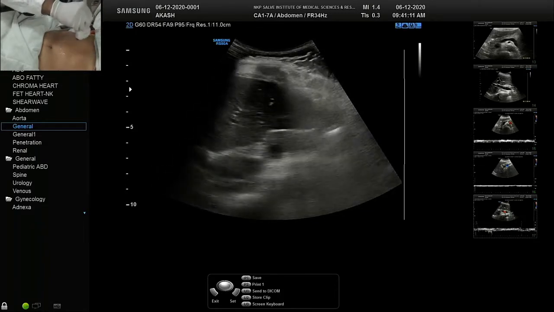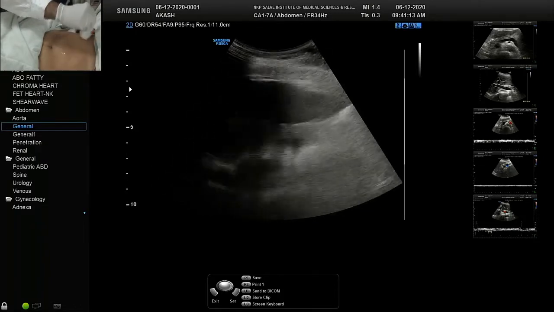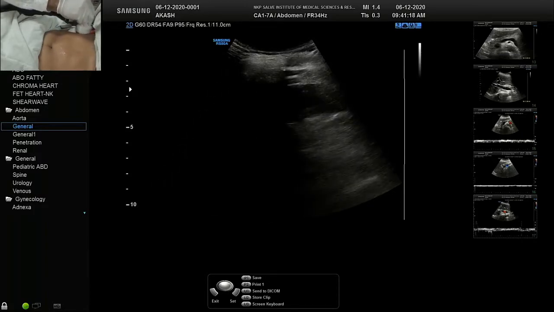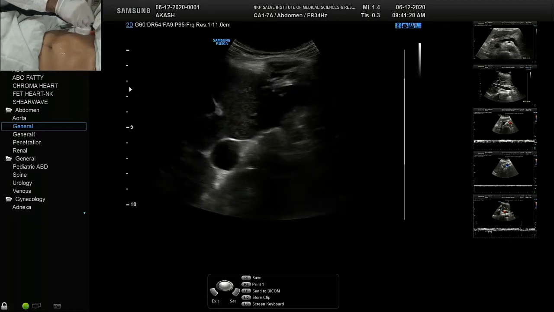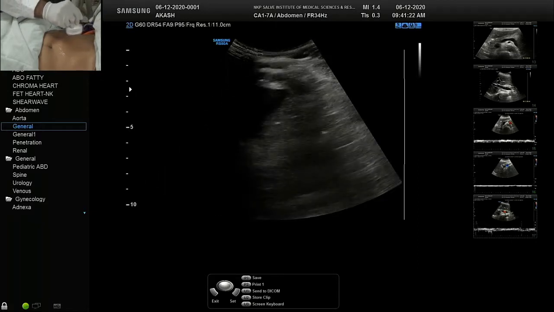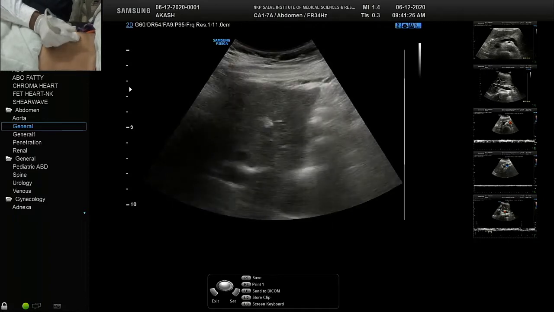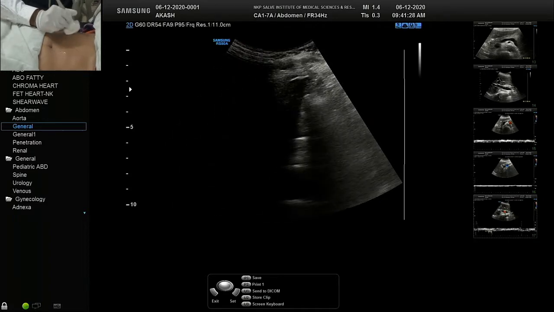See that again. That is the vein that is going out, and it is seen below the abdominal wall here.